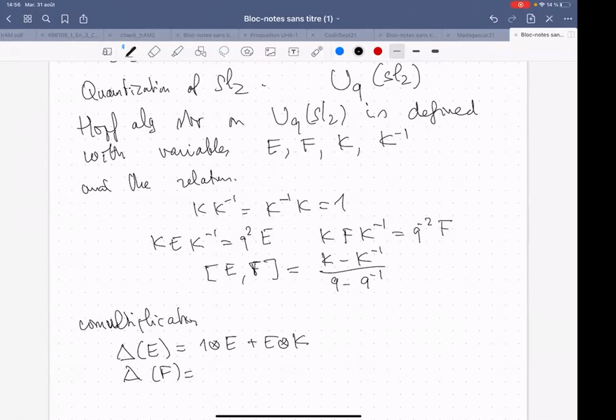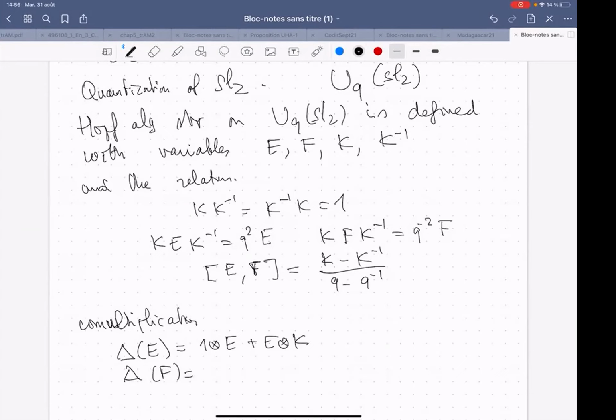And why does it have 4 variables? Because in the enveloping algebra, I have added the unit. I have the four-dimensional algebra, but the unit I can express using K inverse.